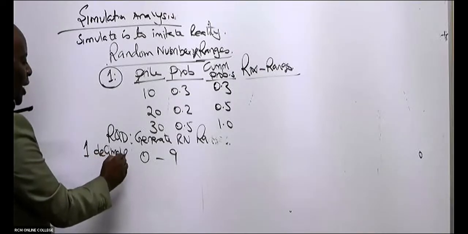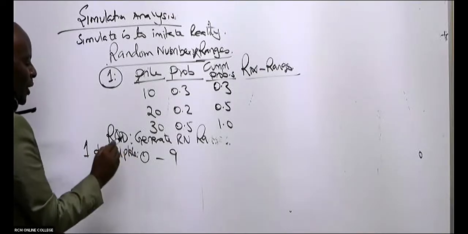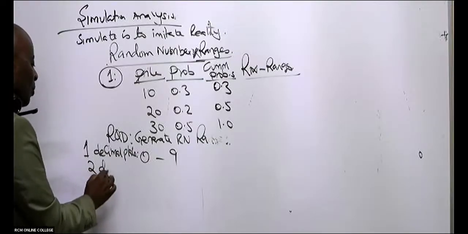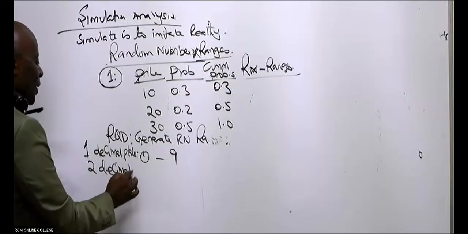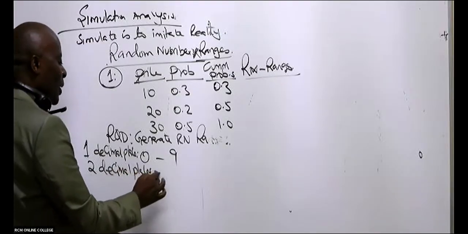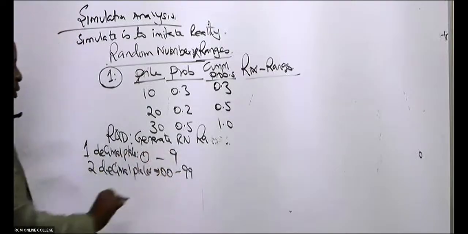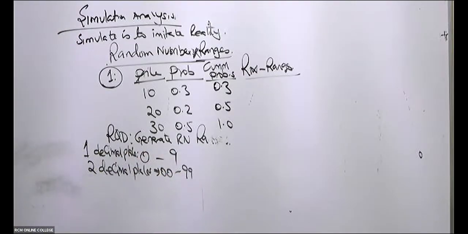Whenever you have 1 decimal place, we have here 0 to 9. If there were to be 2 decimal places, we say 00 to 99. You must write this as a note somewhere. And so forth. If there were to be 3 decimal places, you write 000 to 999.